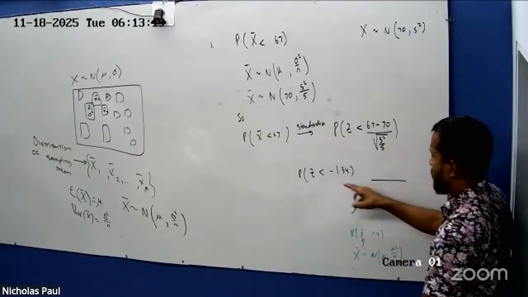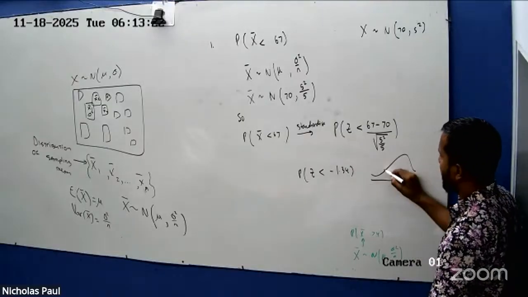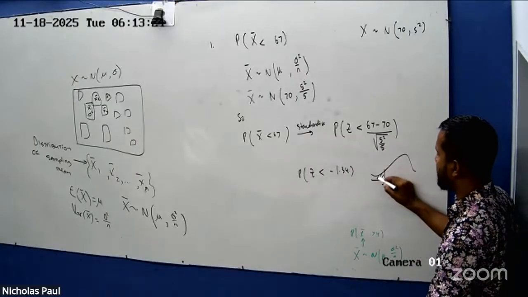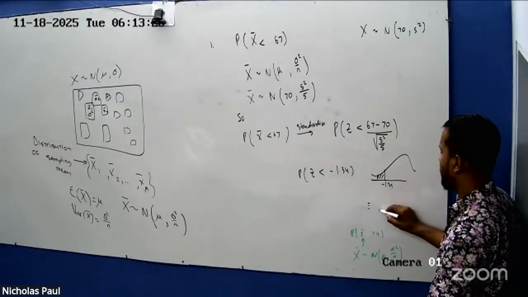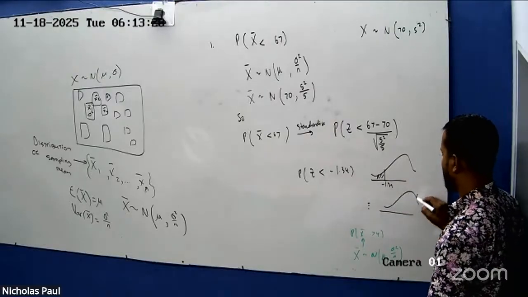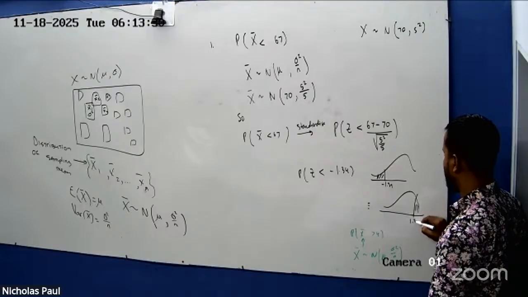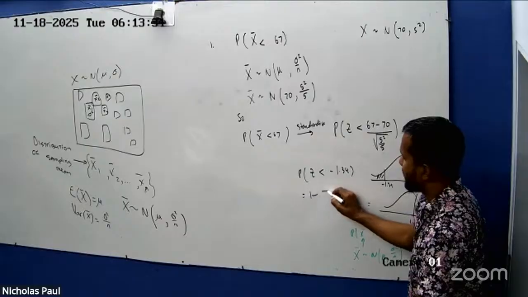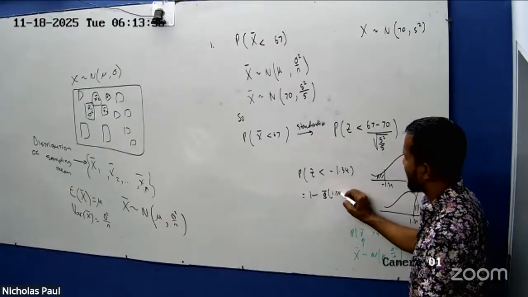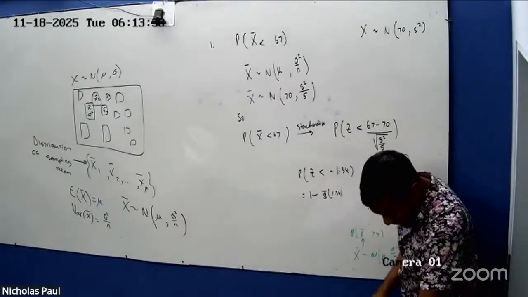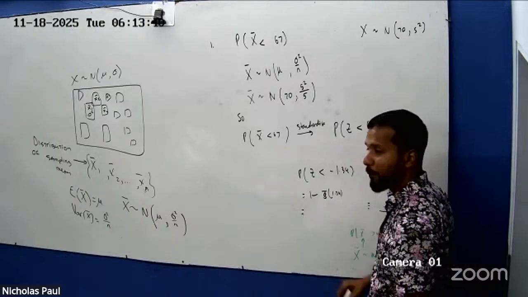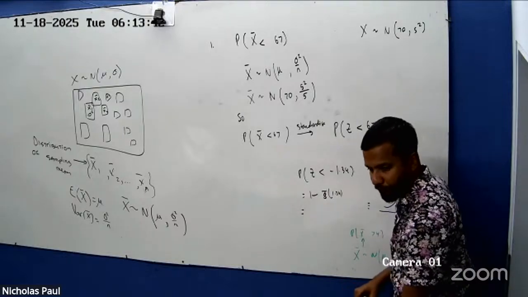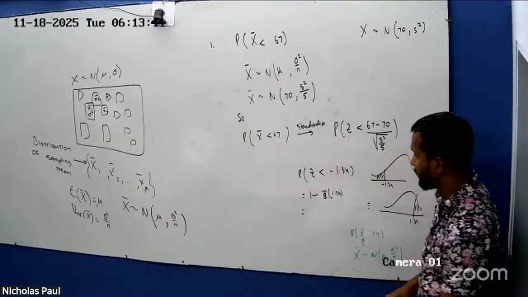What does this equal to? Less than minus 1.34. It's the same as what? It's the same as 1.34 on the right side here. So that'll be minus phi of 1.34. How much is that?